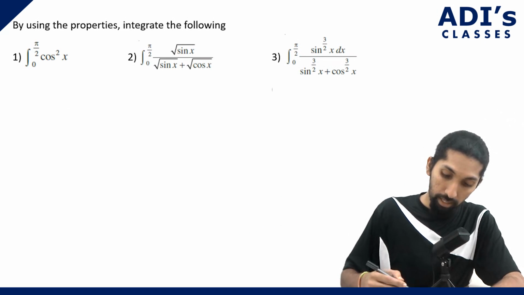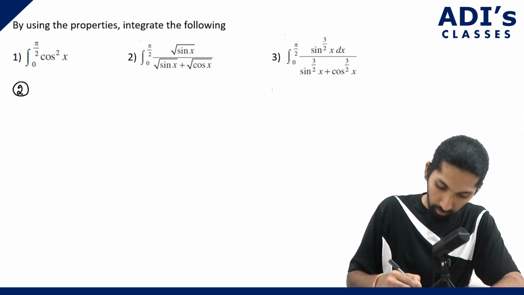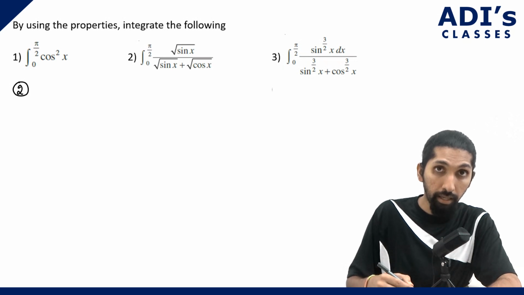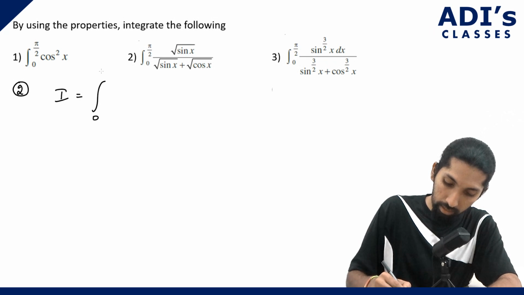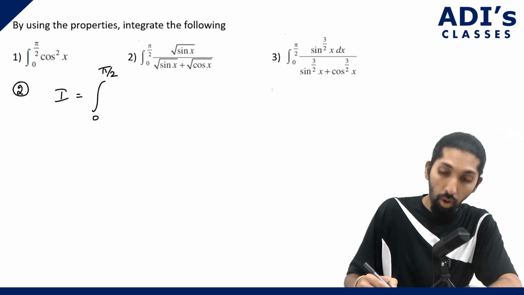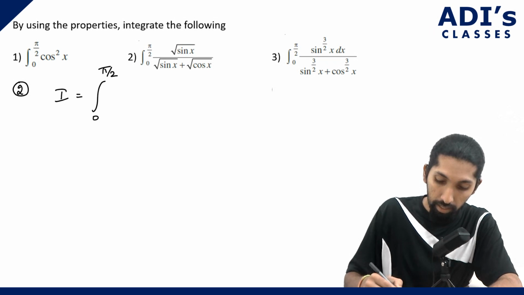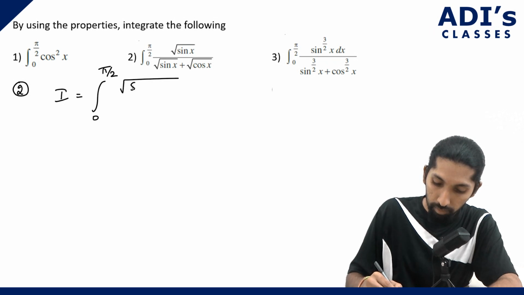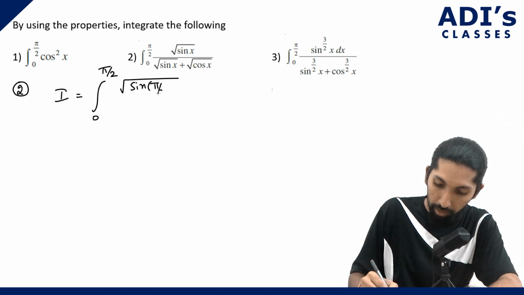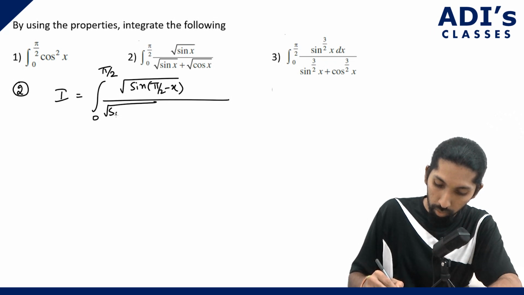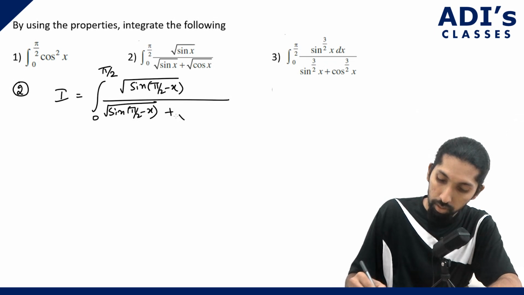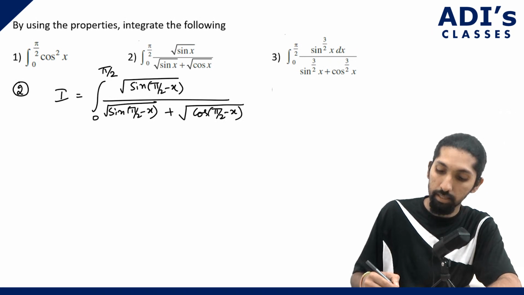See the second one. Again, start by taking I. I is equal to integral 0 to pi by 2 root of sine x, guys, directly write it down, root of sine of pi by 2 minus x plus root of cos of pi by 2 minus x.